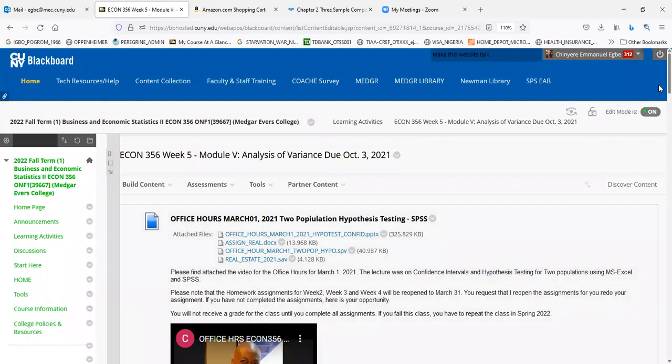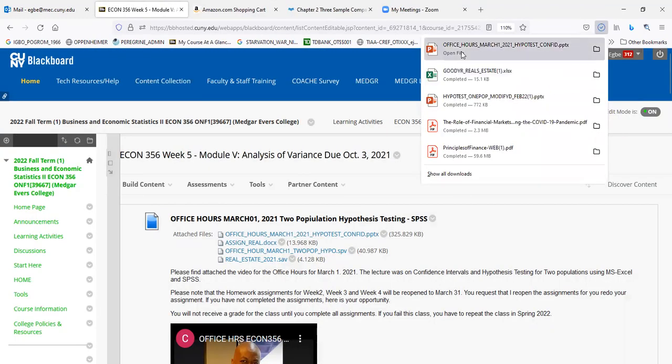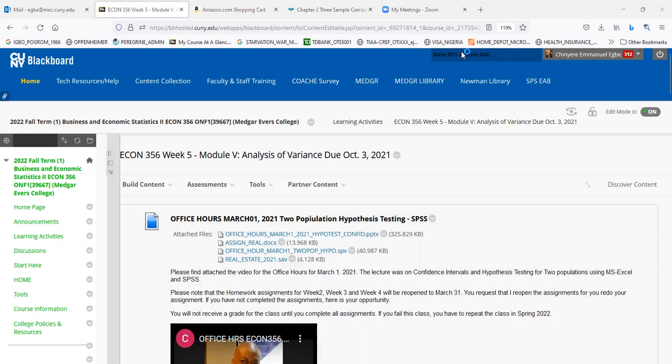I'm going to stop this share and pull up the other, maybe I could just, are you seeing a different screen?